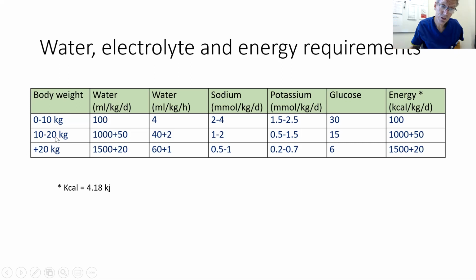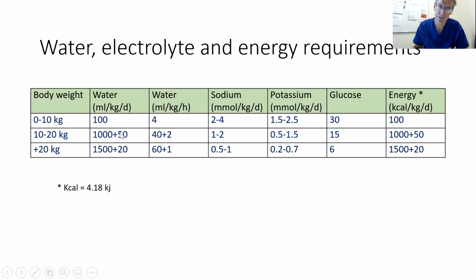If the child's more than 10 kilos, it becomes a little bit more complicated. That's where the 50 part of the rule comes in, and the 2. So 4-2-1 or 150-20, right? And that means if a child is, say, 12 kilos, then it's 1,000 mils. So 100 mils for the first 10 kilos, 100 times 10 is 1,000, plus 50 times the next 2 kilos, for example.